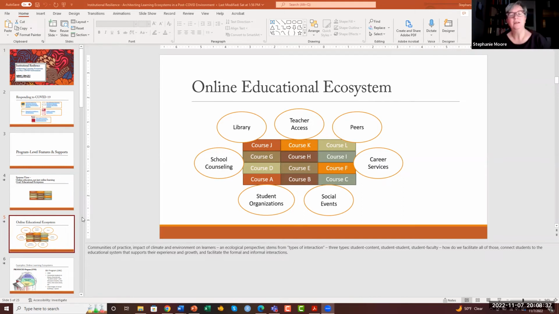I think both models are out there, and that's interesting in and of itself, right? We can start to ask good questions about which approach is more effective, depending on which metrics or outcomes you're really looking for. I've primarily worked in contexts where online learning is part and parcel of the institution.